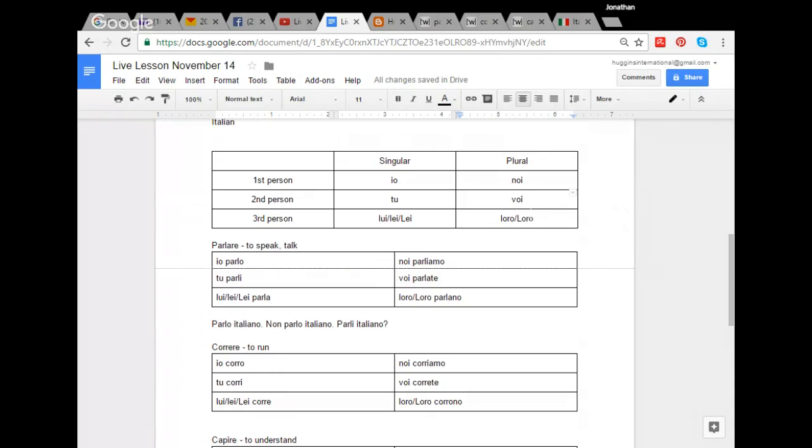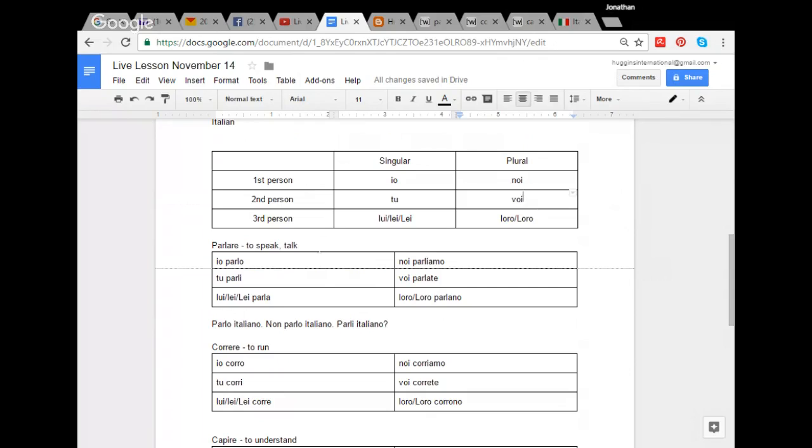If you compare this to French, vous would be the formal, whereas here Lei and Loro are the formal. And if you compare this to Spanish, like in Mexico, Lei and Loro would be similar to usted or ustedes in Spanish, and vosotros would be similar to voi.